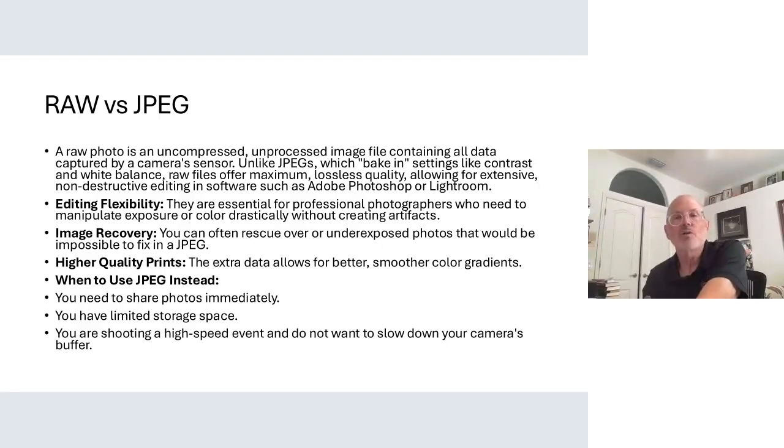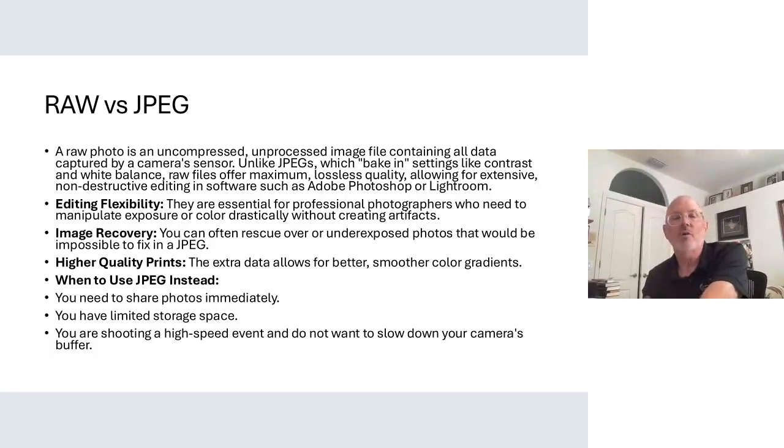Then it went to 10, 20, 40, and now the middle format cameras can have 100 megapixels, 100 million pixels in a frame. And so it's extremely detailed.